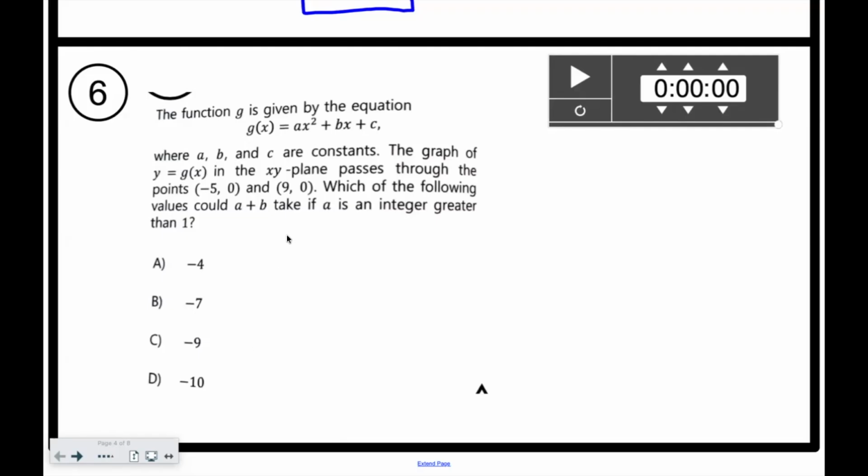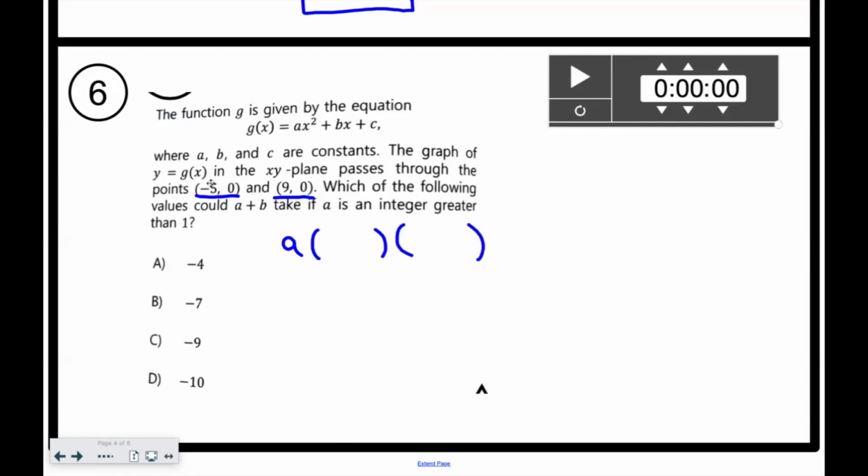So the way that this one is going to work is we have to know different forms of quadratics. So this is standard form. And if they are giving us the x-intercepts, we should also know intercept form. So intercept form looks like this. It's a, the same a that's here, multiplied by its factors.